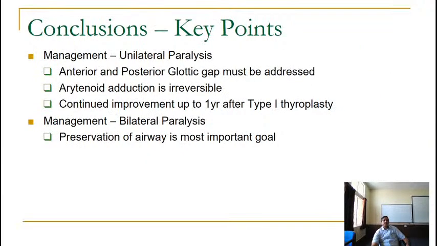These are the procedures, and ultimately we should remember that the main function of the larynx has to be preserved, that is prevention of aspiration. The secondary function, if it can be regained, is the best option.